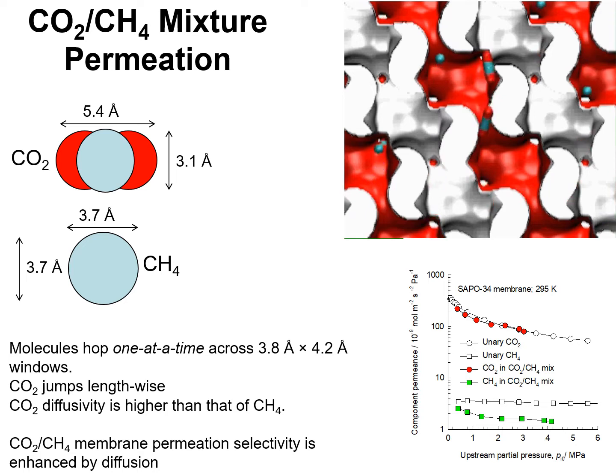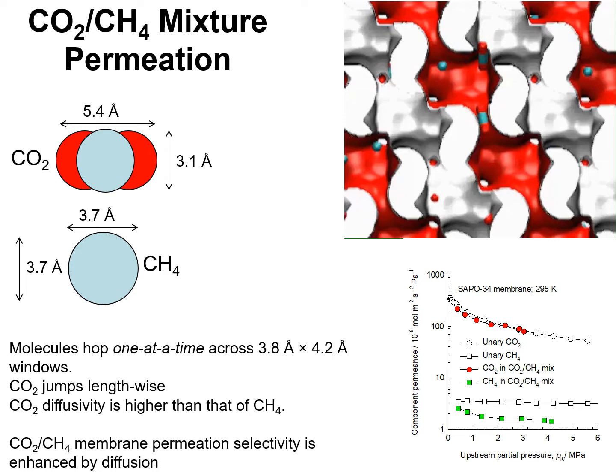The experimental data for mixture permeation across a SAPO-34 membrane, which has the topology of Chabasite, is shown here, in which the component permeances are plotted against the upstream partial pressures. The filled symbols are the component permeances in the mixture, and the open symbols are the component permeances of the single components.